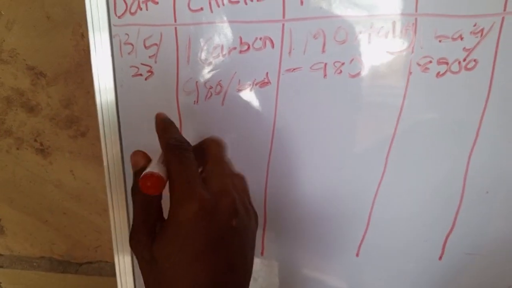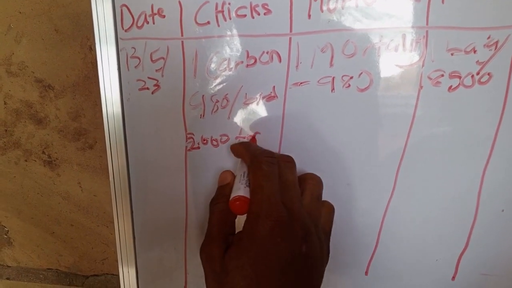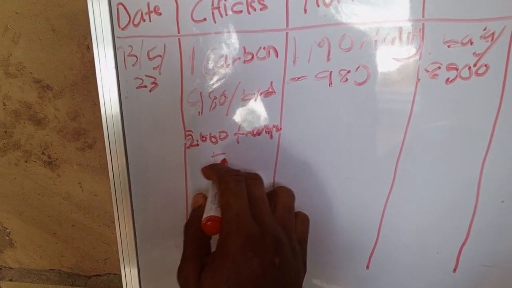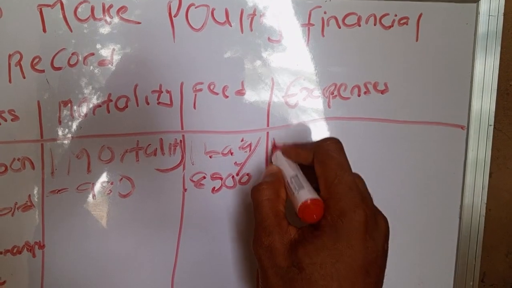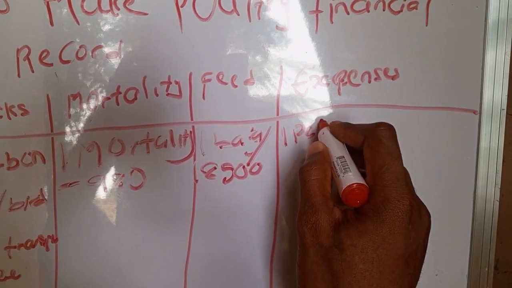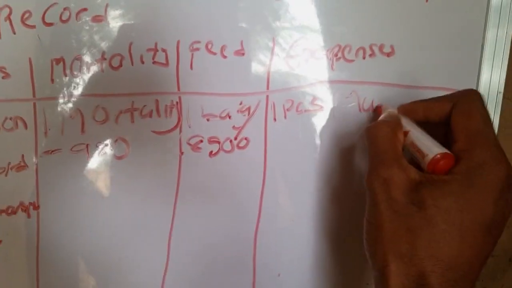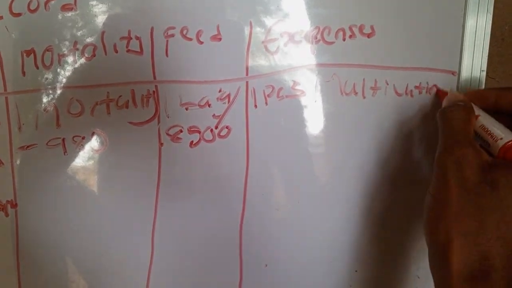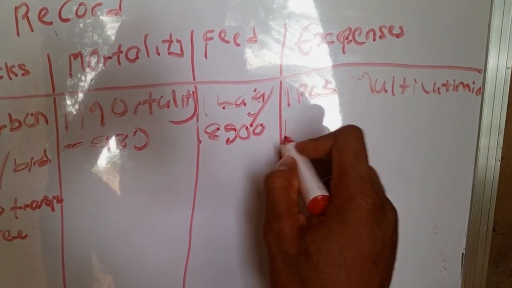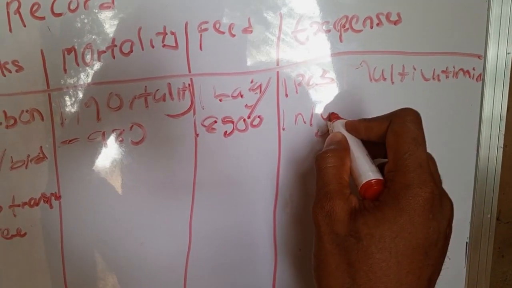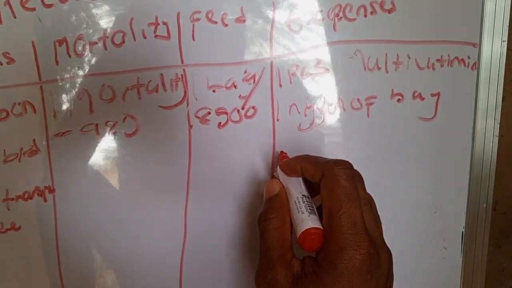Coming down here we see 2,000 naira transport fee. Then let's say 1 piece of multivitamin, then a nylon bag of charcoal.